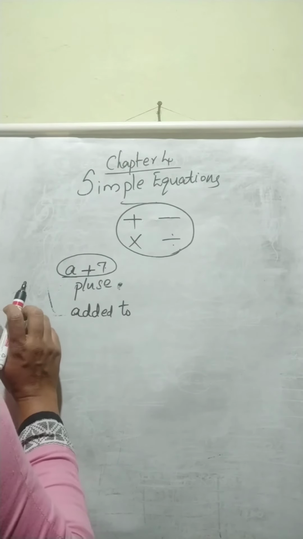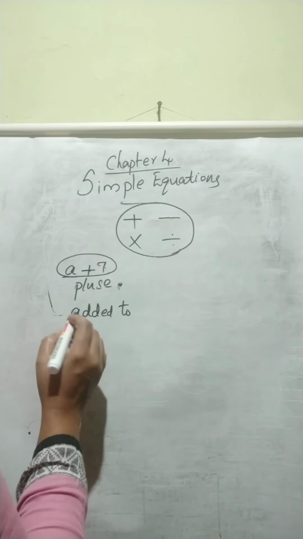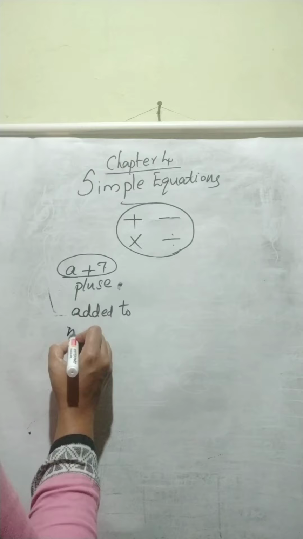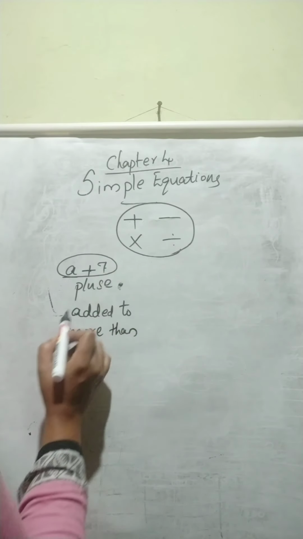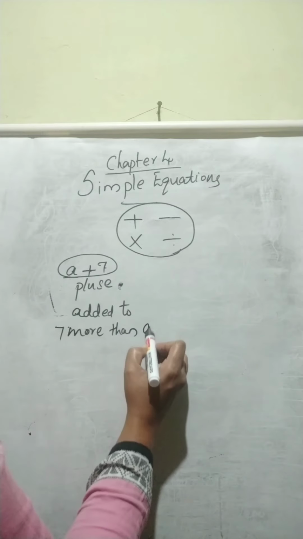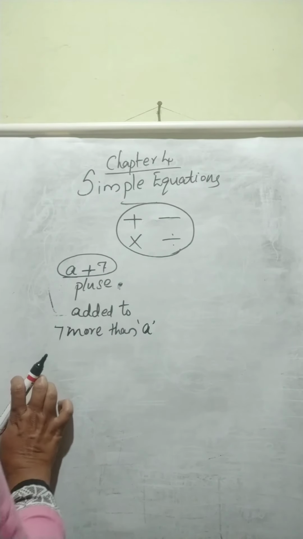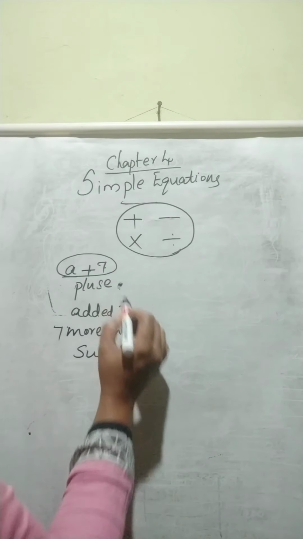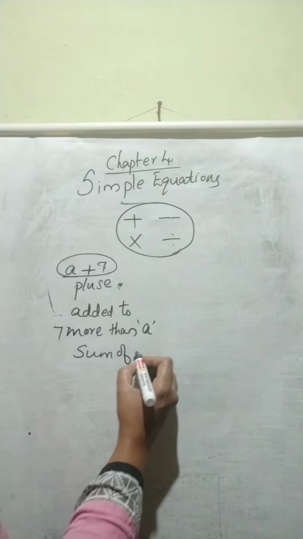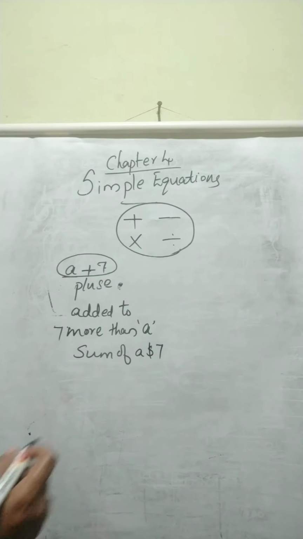Another word is more than, that is 7 more than a. Another word is sum, the sum of a and 7.